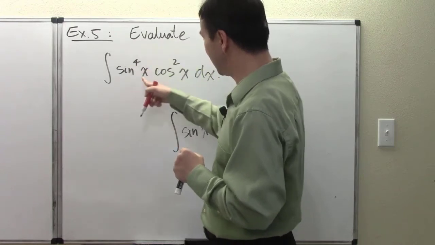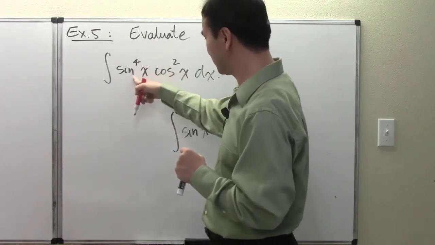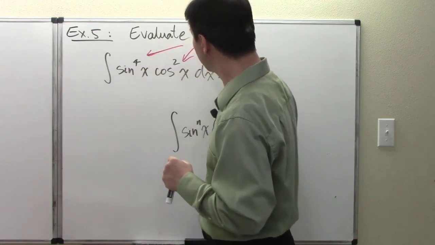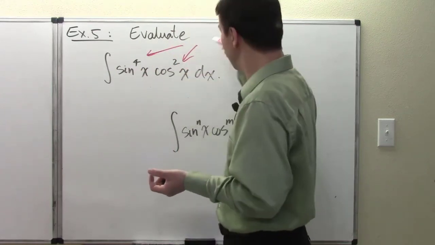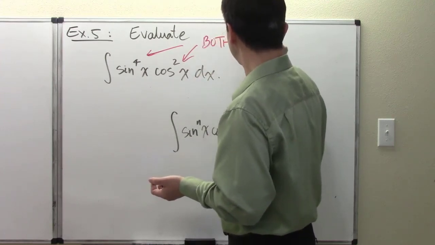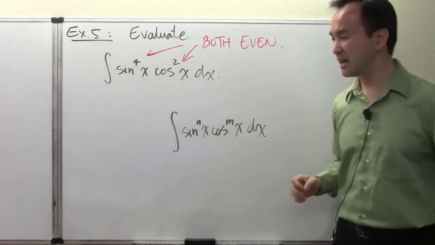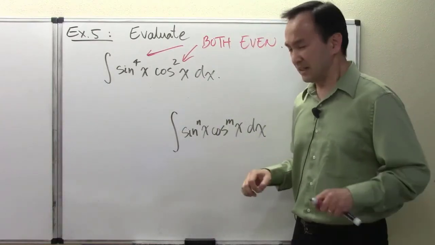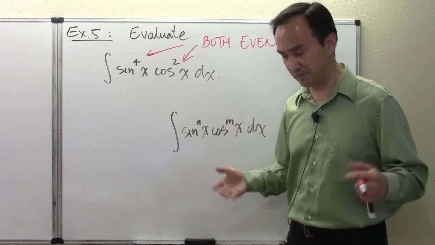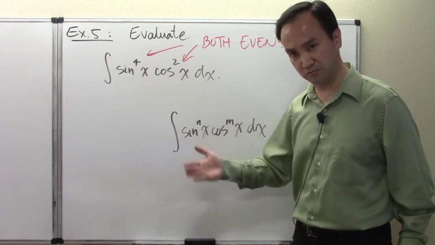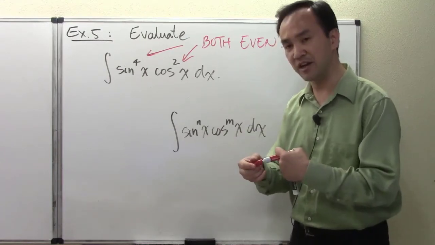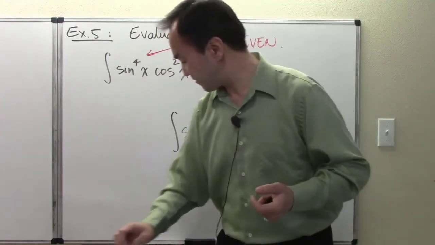So here, even though there is a power of either sine or cosine, both of these powers are even, and that's one thing we want to notice. Admittedly, it will make the problem longer and slightly more challenging, but it's still something that's manageable within our capability.